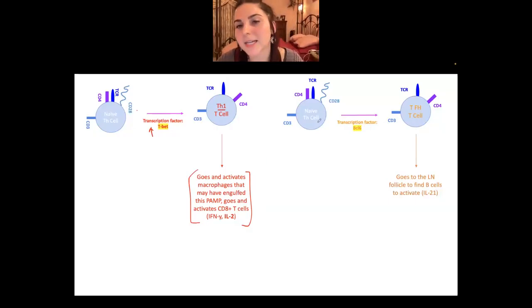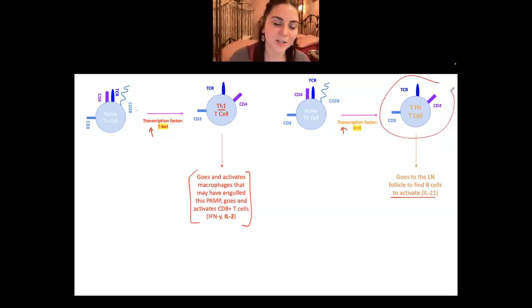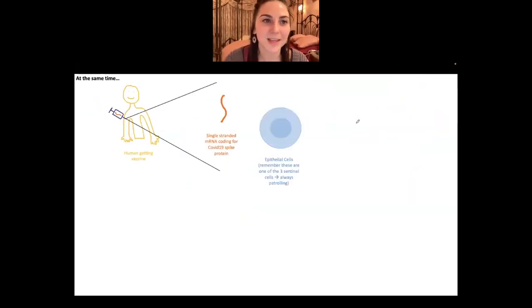The one that got IL-6 and IL-21 upregulates BCL6, its transcription factor. You make a follicular helper T cell. This is going to go to the lymph node follicle, or any secondary lymphoid follicle, find B cells, and then activate B cells. Okay? So this is going to be part one of the cognate reaction, right? So it's seeing the specific antigen.